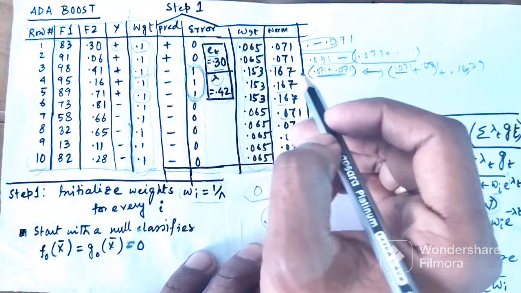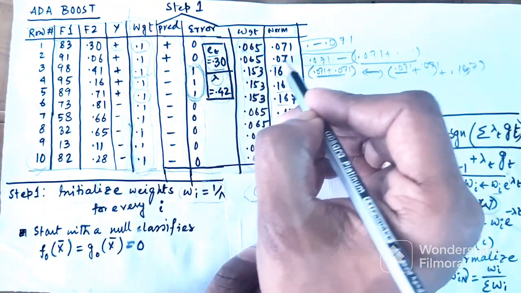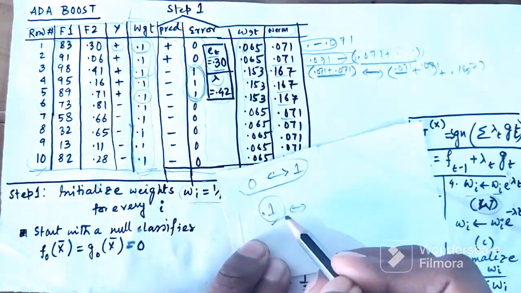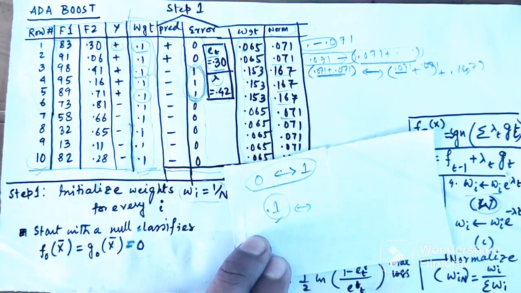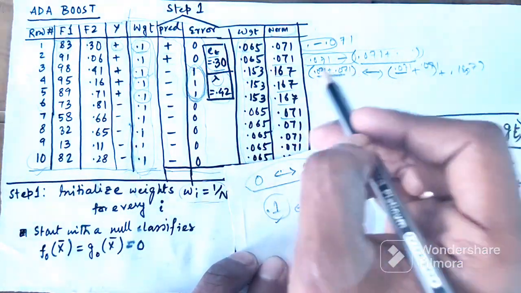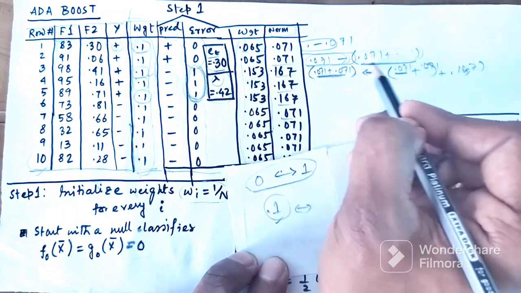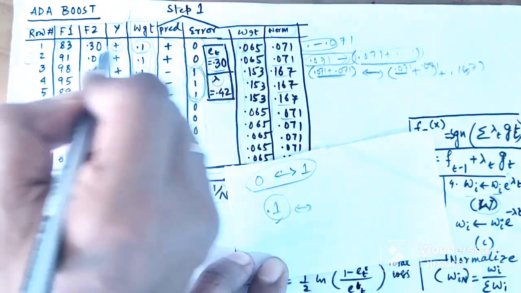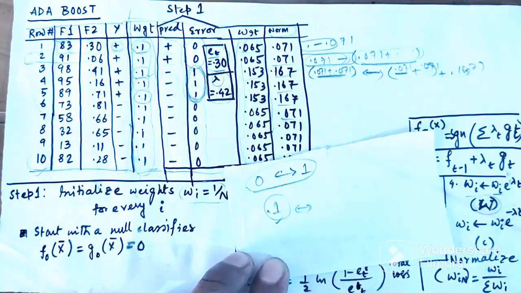Let us suppose this one, from 0.071 to this limit, because our randomly generated fraction between 0 and 1 is 0.1, and it lies between this and this. So this particular sample will be taken in the first training sample.